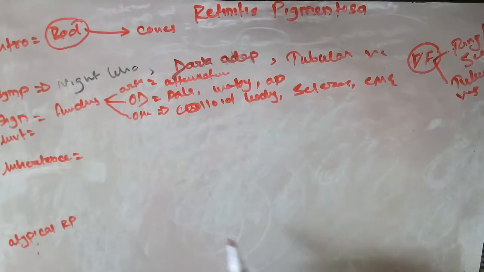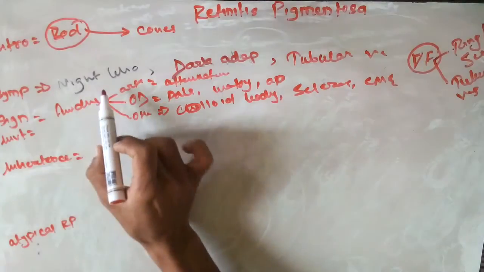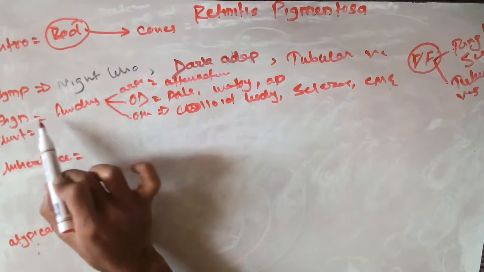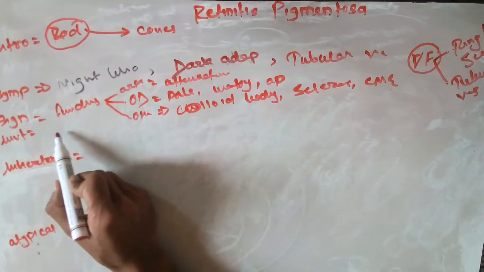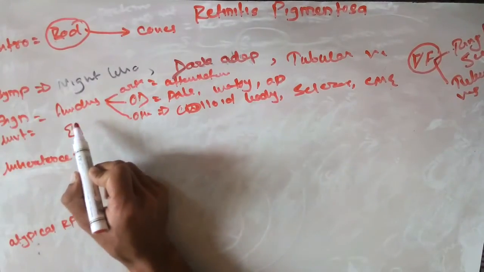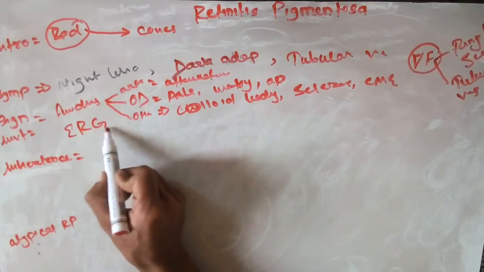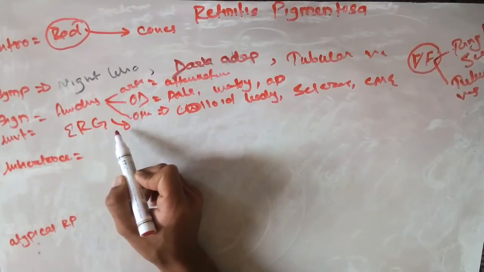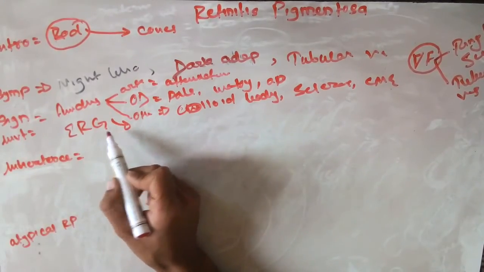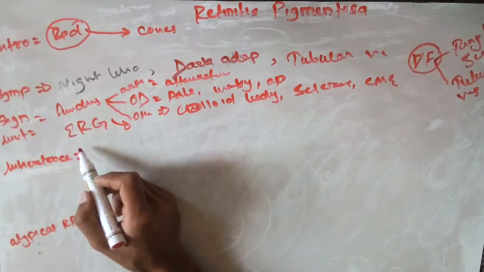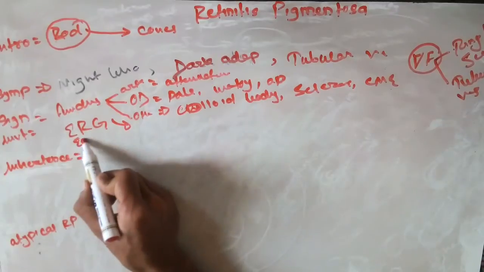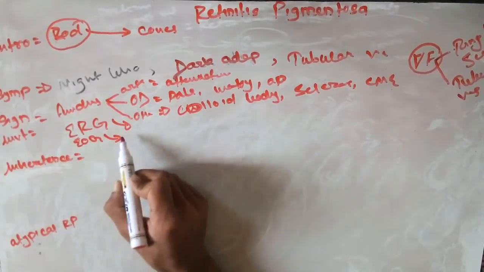Now coming to the investigations. It is usually diagnosed clinically, so signs and symptoms will help you. The other investigation is ERG, electroretinography. The electroretinogram shows a subnormal response, meaning the expected graph does not appear. And the electrooculogram shows absence of the light reflex.